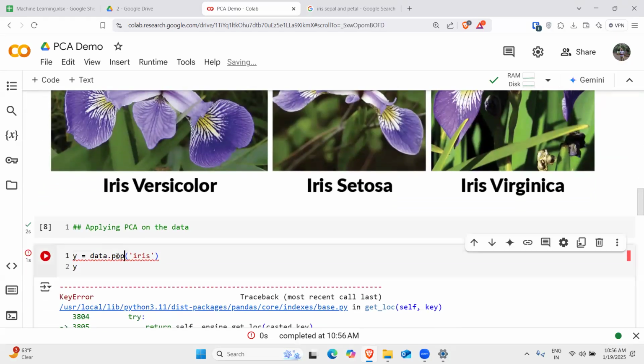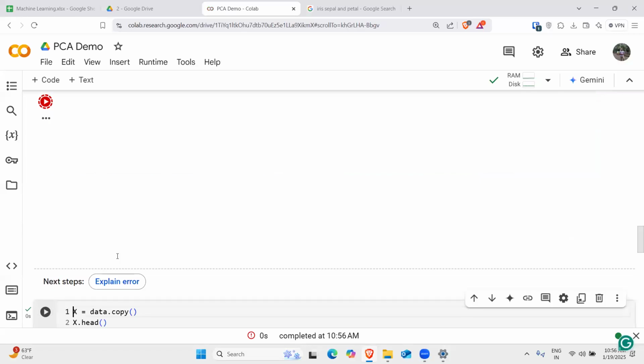So instead of using pop, I'll directly write data of iris. That will also be another method. Okay, we can do this.